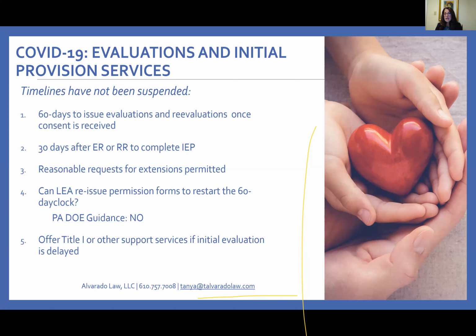Can the LEA say, okay, we're just going to stop evaluating because schools are closed? And PDE said, no, the timelines continue. You must continue to evaluate the student. If there's any delay, the districts are required to provide at least Title I services or other supports that they're able to provide. Again, these are all COVID related.